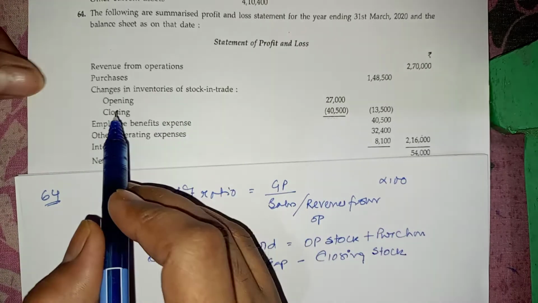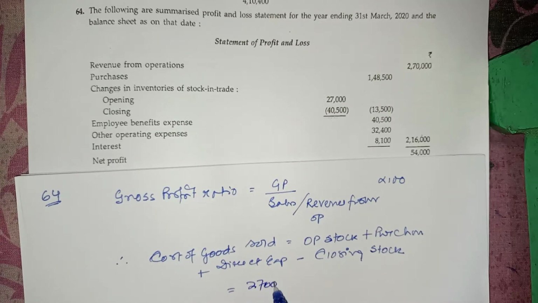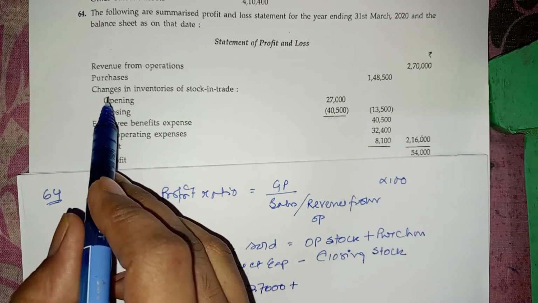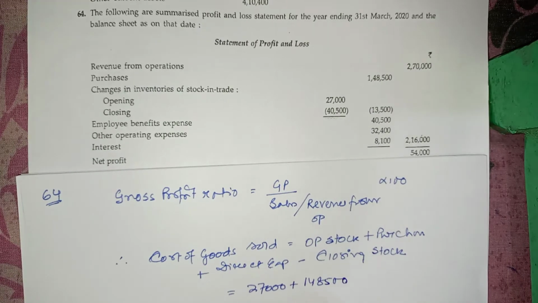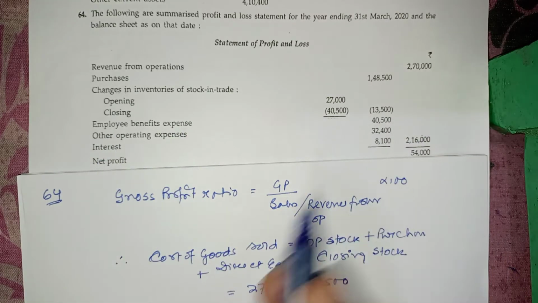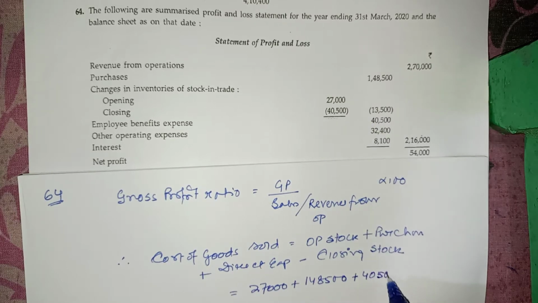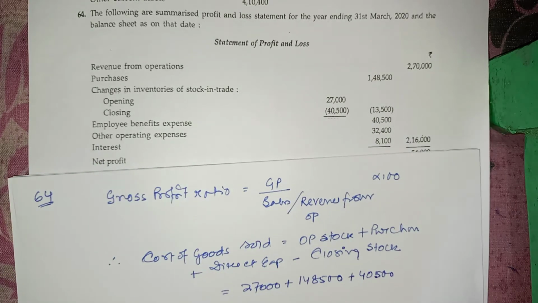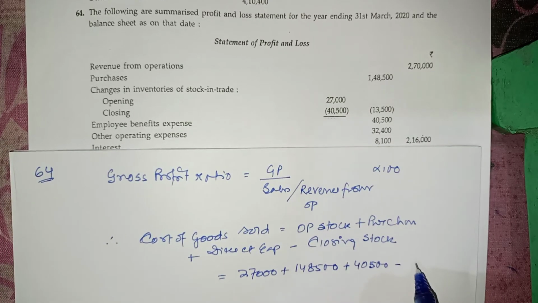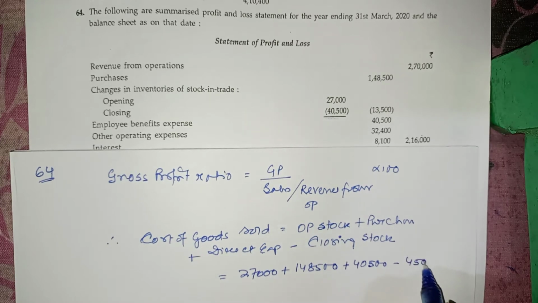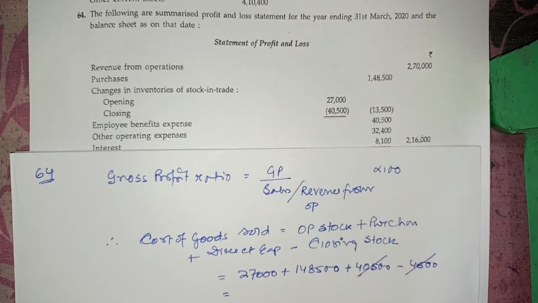So the cost of goods sold: what is the opening stock value? 27,000, plus purchase is how much? 1,48,500. Now employee benefit expenses we can take as direct expenses, meaning wages. Minus closing stock, which is 40,500, so this will be cut.